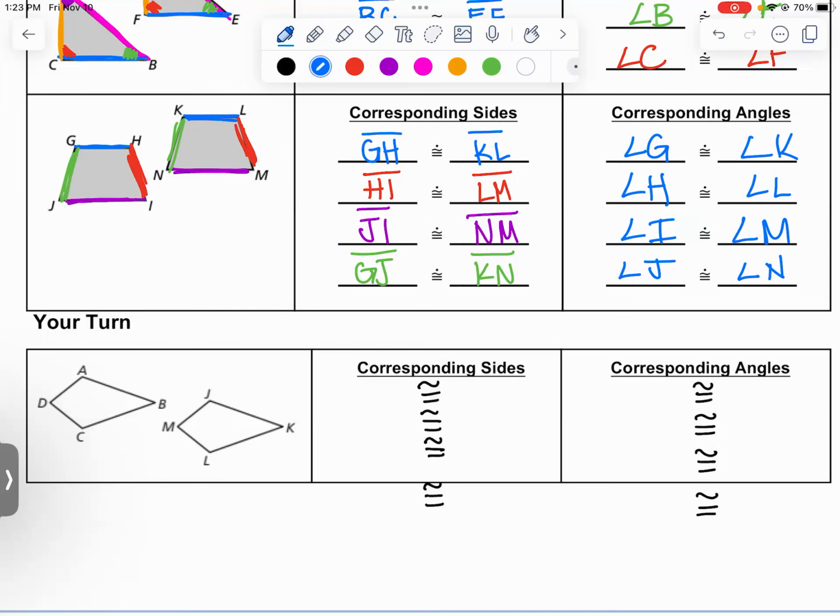All right, so side AB is congruent to side JK. BC and KL. Okay, so you're saying DC? I mean BC. Oh, that makes more sense. BC and KL.